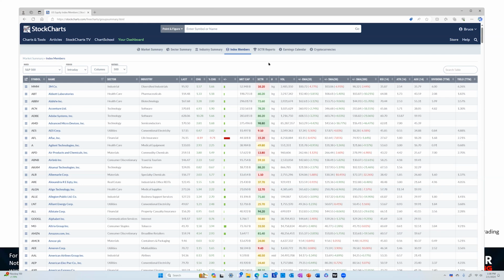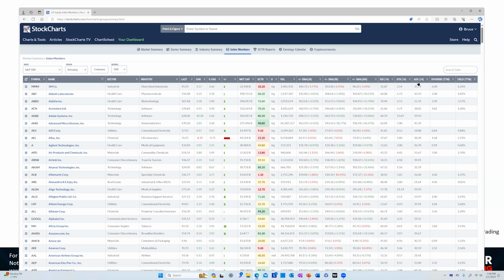What I like to do, and you're going to find many, many ways to use this wonderful tool, but just to orient you, you have the list of these stocks by sector, by industry group, by current price, market cap, scooter, whether it's a large cap or medium or small, and then where it is in relationship to its 20-day EMA, 50-day SMA, 200-day SMA, all very valuable pieces of information.